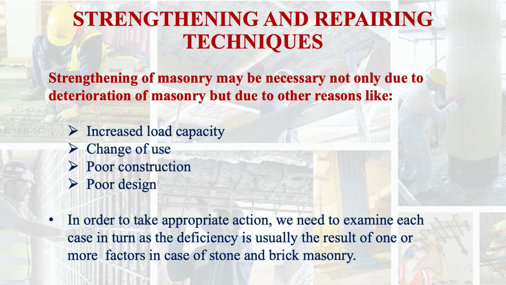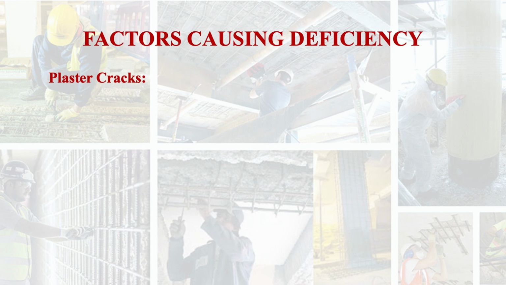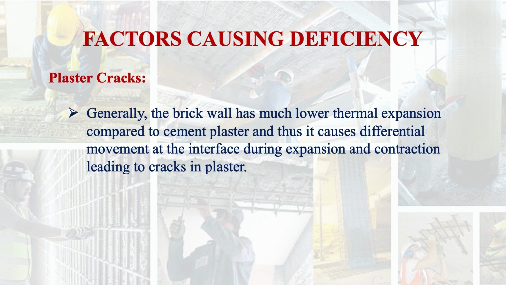In order to take appropriate action, we need to examine each case in turn, as the deficiency is usually the result of one or more factors in case of stone and brick masonry. What are the different factors that may cause the deficiency in the building? First is plaster cracks.